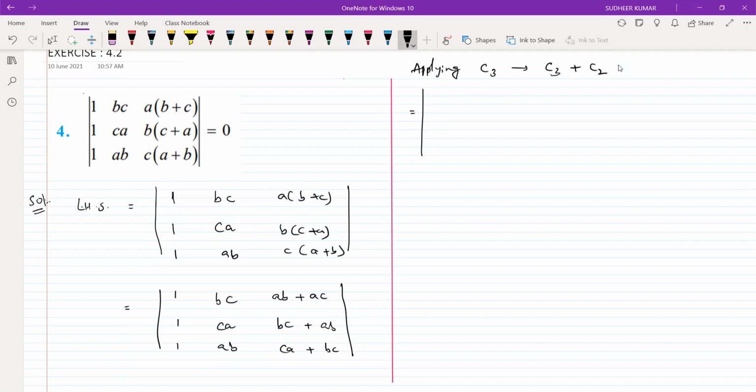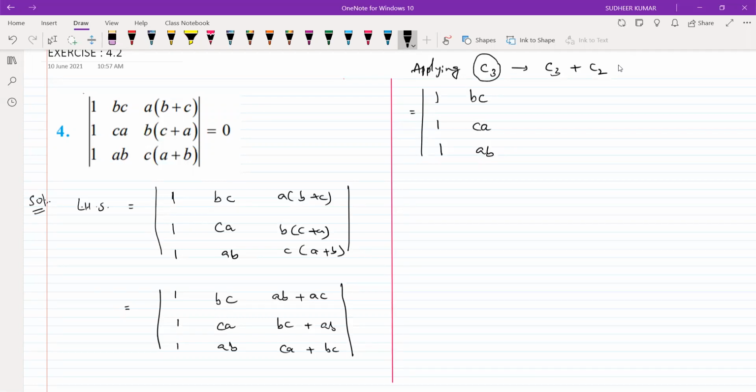Isn't it, ma? So what's the use of this elementary operation? So we can write this is 1, this is also 1, 1. As we are going to change C3, C3 only needs to change as C3 plus C2. C1, C2 remain the same. So this is BC, CA and AB.